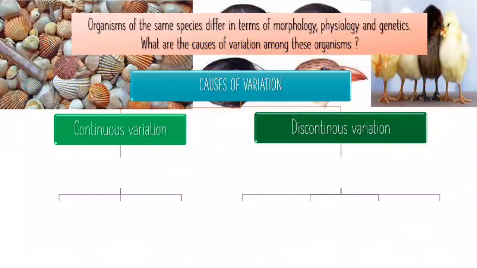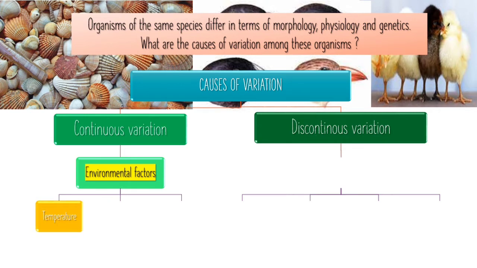Okay, now let's discuss the causes of variation. Organisms of the same species differ in terms of morphology, physiology, and genetics. So what are the causes of variation among these organisms? Continuous variation is caused by environmental factors like temperature, light, and pH.